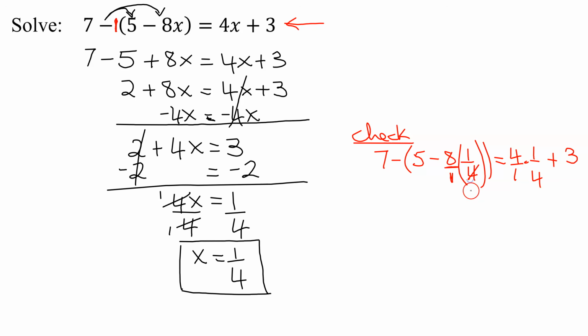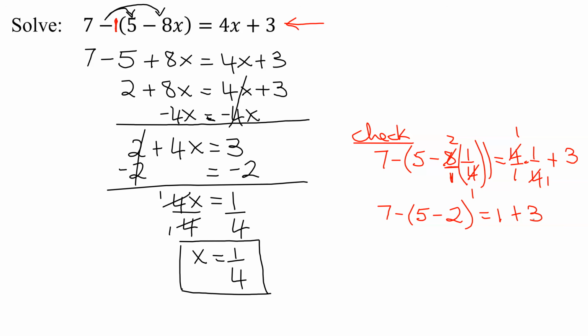So 4 reduces with the 8 twice, so I'm going to get 7 minus 5 minus 2 times 1 is 2 over 1, 2 divided by 1 is 2, equals, these 4's reduce, 1 plus 3.